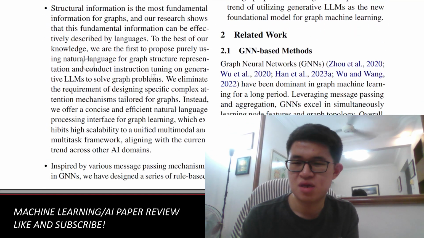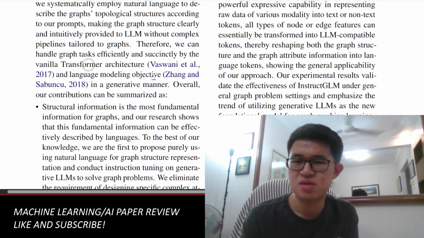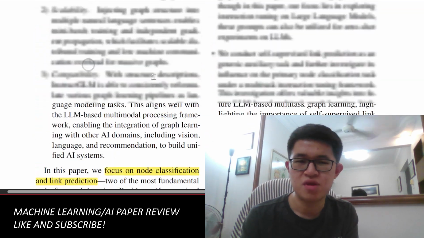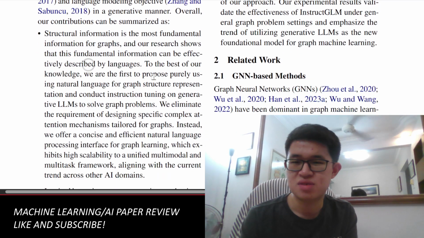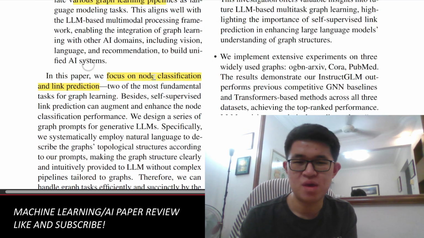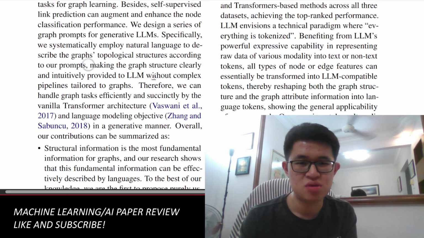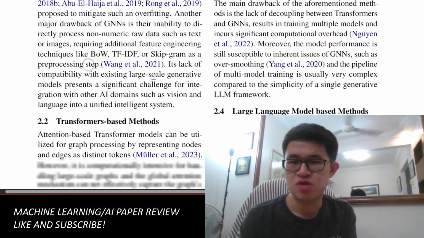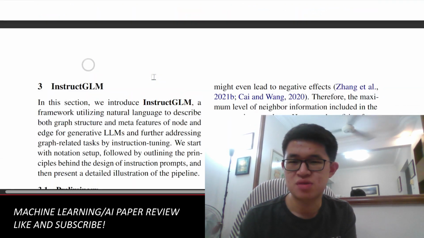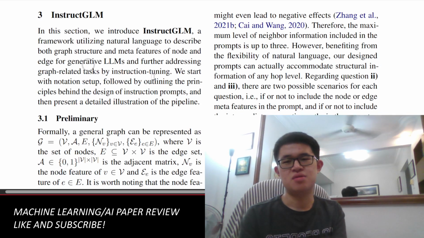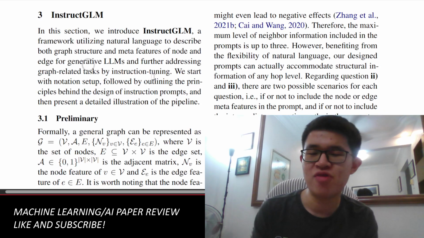So that's that, and there's a whole bunch of details here, but I think they're kind of redundant for our case. How about we get right into it, shall we? We're going to skip related works because those are not that interesting, and now into the meat of the paper.